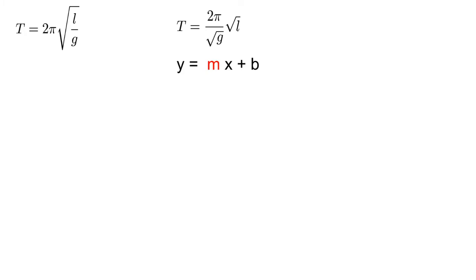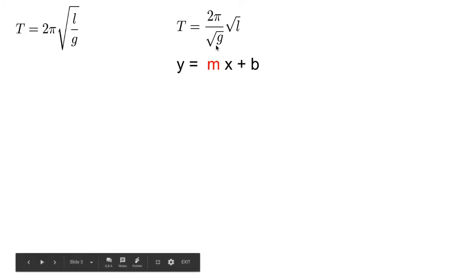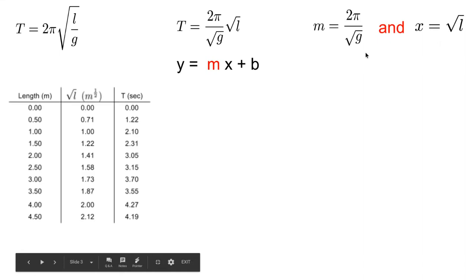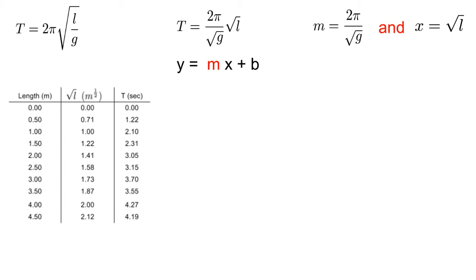And if we were to factor out root g, so in other words, 2 pi over root g times root L, that forms a y equals mx plus b type equation, where m is the slope of the line, 2 pi over root g, and x, the independent variable, is root L. If we were to plot root L instead of L versus the period, we can produce a linear equation.